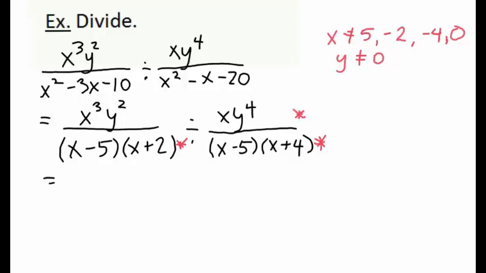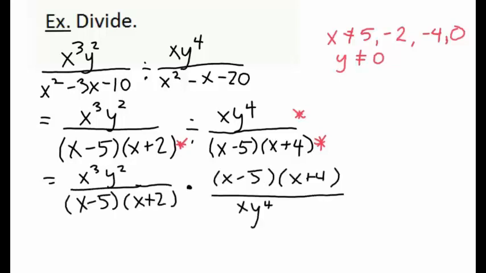Now that we have our restrictions done, let's go ahead and flip our second fraction so that we can multiply. And from here we can look to see if we have any common factors, which we do. We have x minus 5 and then x minus 5 that we can cancel off. We have 3 factors of x in the numerator and 1 factor of x in the denominator.